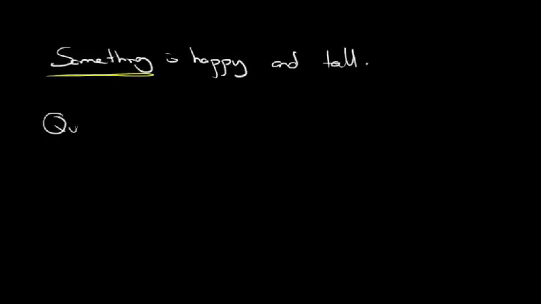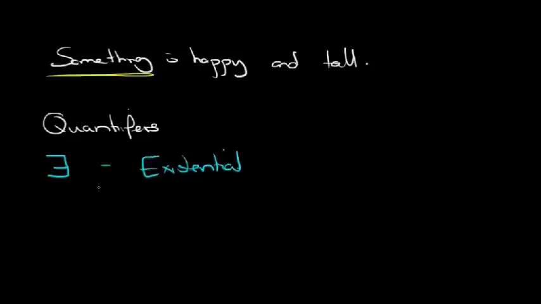So our quantifiers, I'll just write them in here. We've got this backwards E, which is our existential quantifier, and then we have this upside down A, which is the universal quantifier.